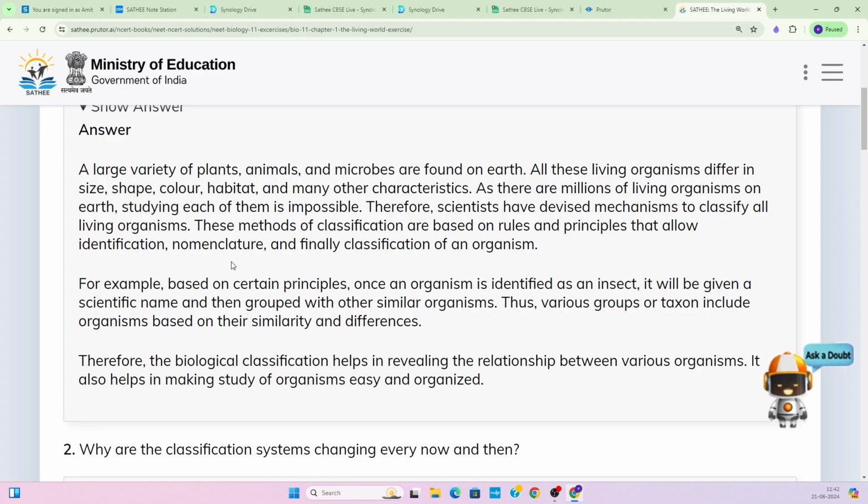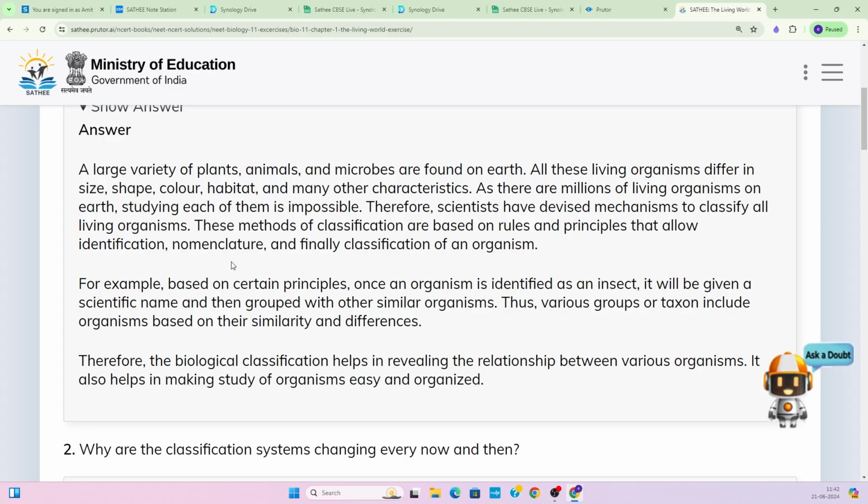Therefore, these methods of classification are based on certain rules and principles that allow identification, nomenclature, and finally classification of organisms.